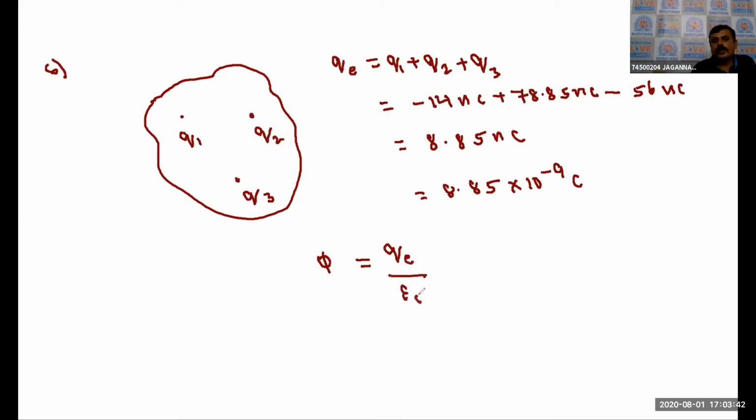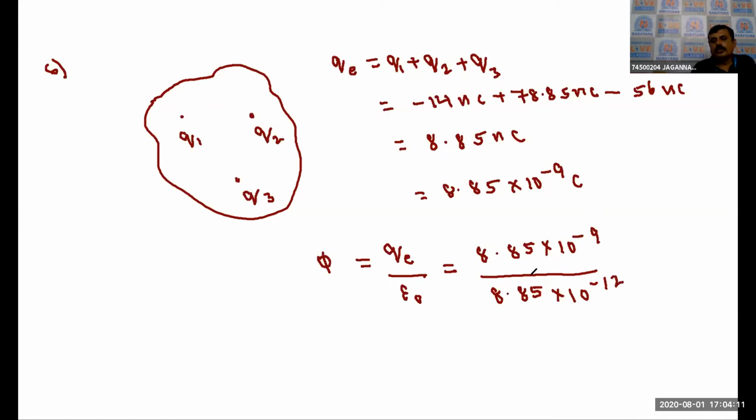So the flux is 8.85 into 10 power of minus 9 divided by the electric permittivity in free space, 8.85 into 10 power of minus 12.